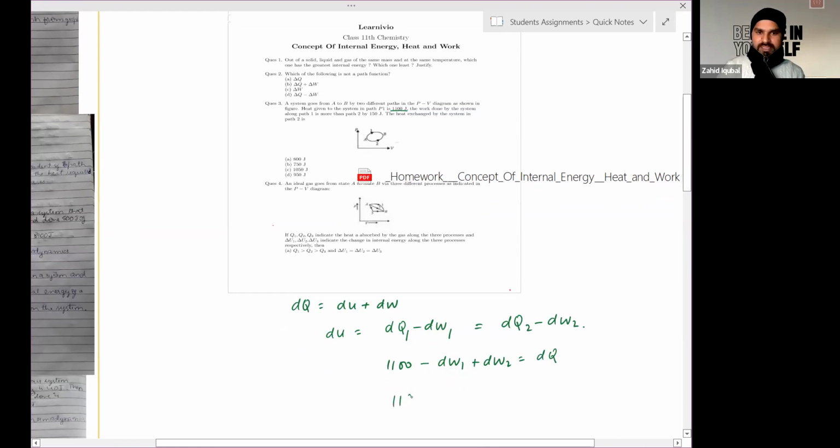So you may write 1100 minus 150 equals dq2, and you'll get the amount of heat supplied along path 2.